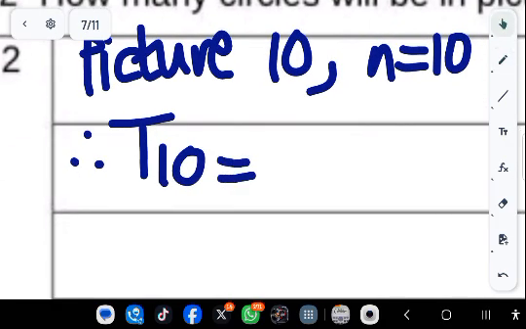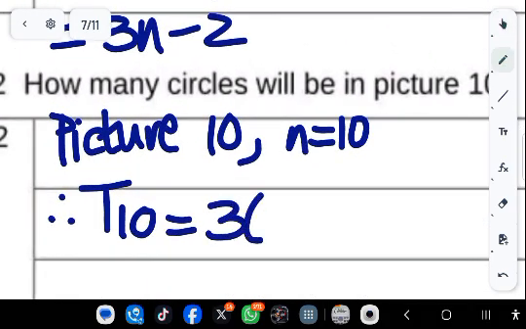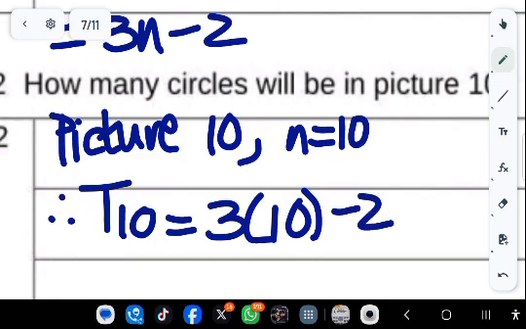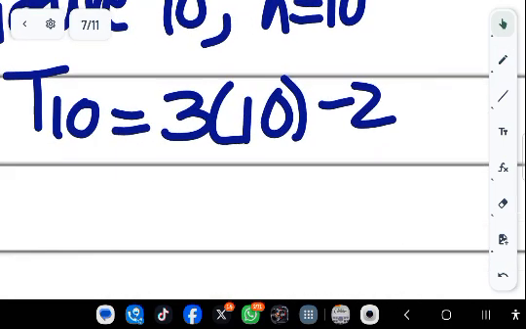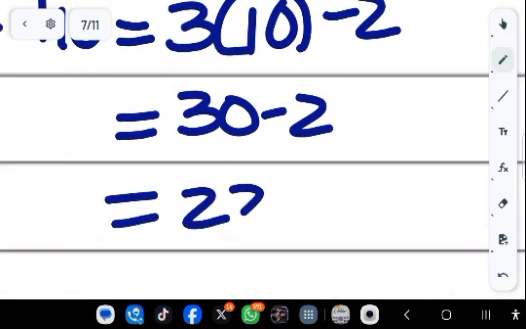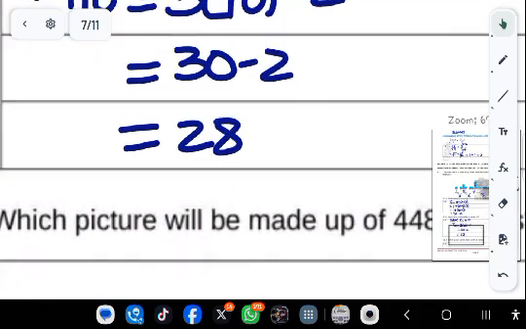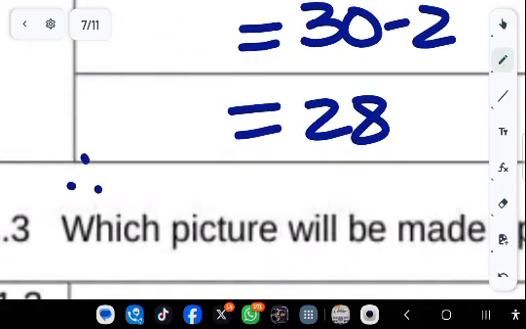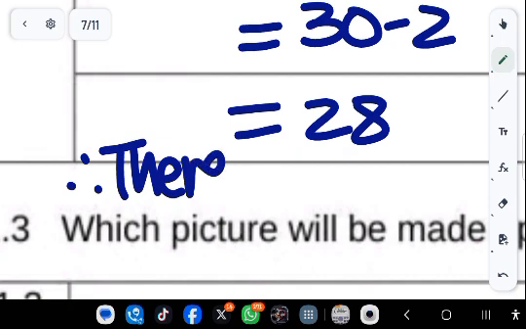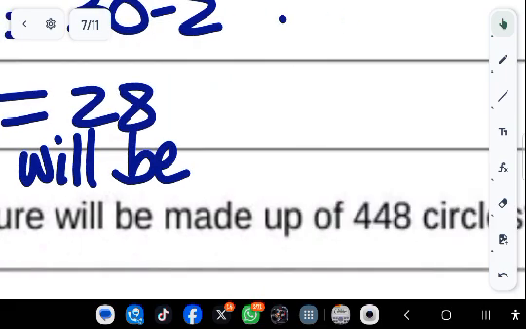What we do is just substitute 10 where there's n in the general term. 3 times 10 minus 2, and that is equal to 30 minus 2, and that gives us 28. And the question was, how many circles will be in picture 10? Therefore, there will be 28 circles in picture 10.